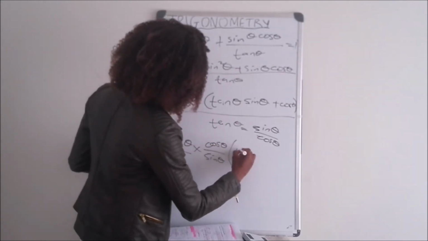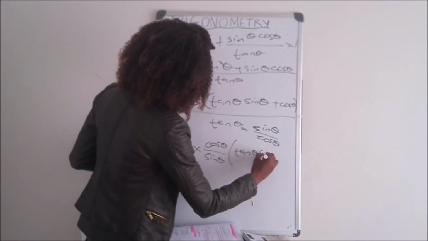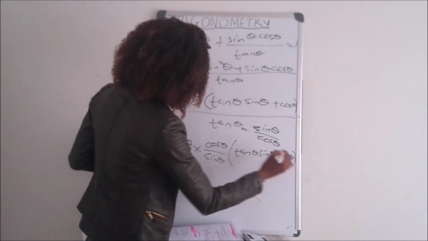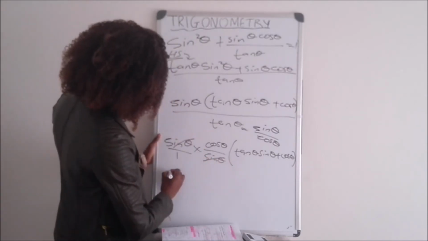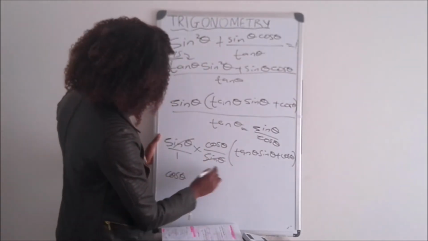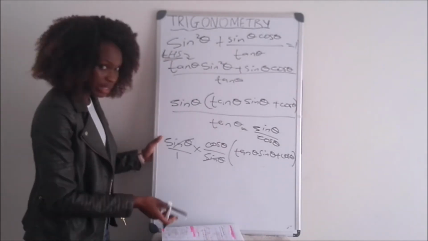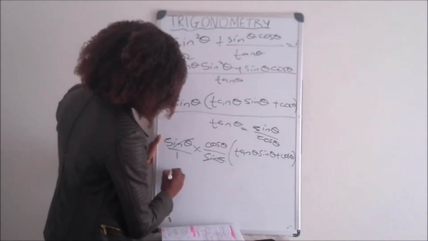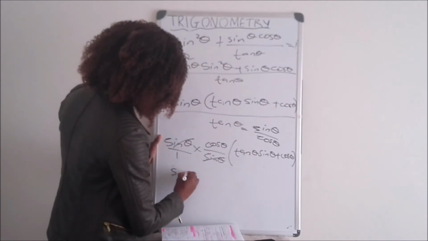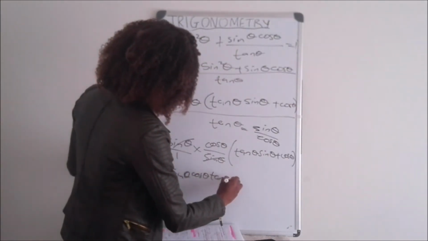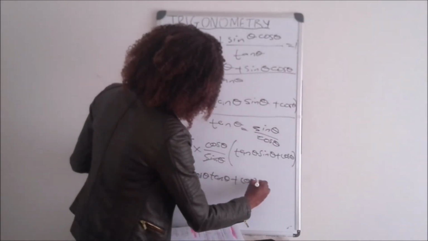Then we'll have in the brackets sine theta plus cos theta. Those will cancel out and we'll be left with cos theta into the brackets. When it's multiplying into the brackets, we'll have sine theta cos theta tan theta plus cos squared theta.